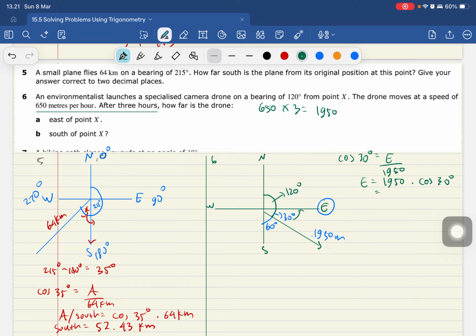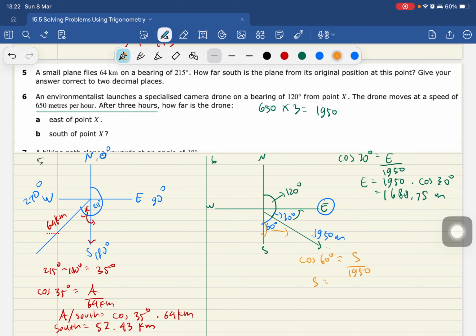So for the east, you can use a calculator: 1950 multiplied by cos 30 degrees. It will give us the answer of 1688.75 meters. Next, let us find the south. We also have adjacent and hypotenuse, so we'll use cos 60 degrees equals adjacent, or south, divided by 1950.